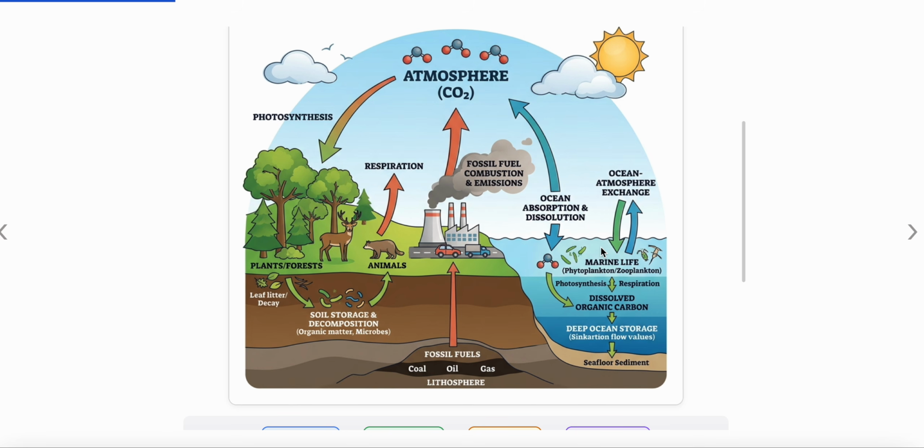And after 100 years, 1000 years, so many years, this organic carbon forms the sea floor sediment, and from there the fossil fuels are formed, and when you burn it, the stored carbon is released into the atmosphere. So that's the cycle.